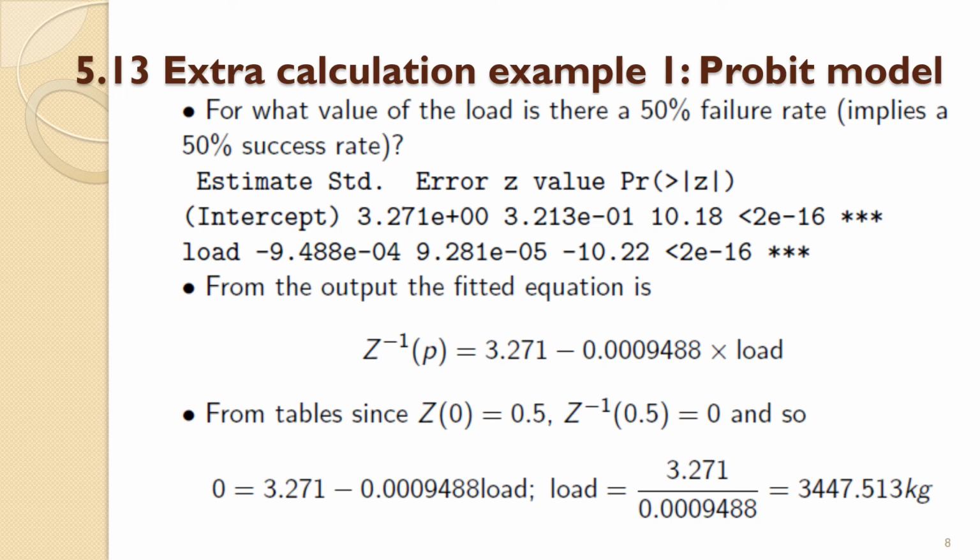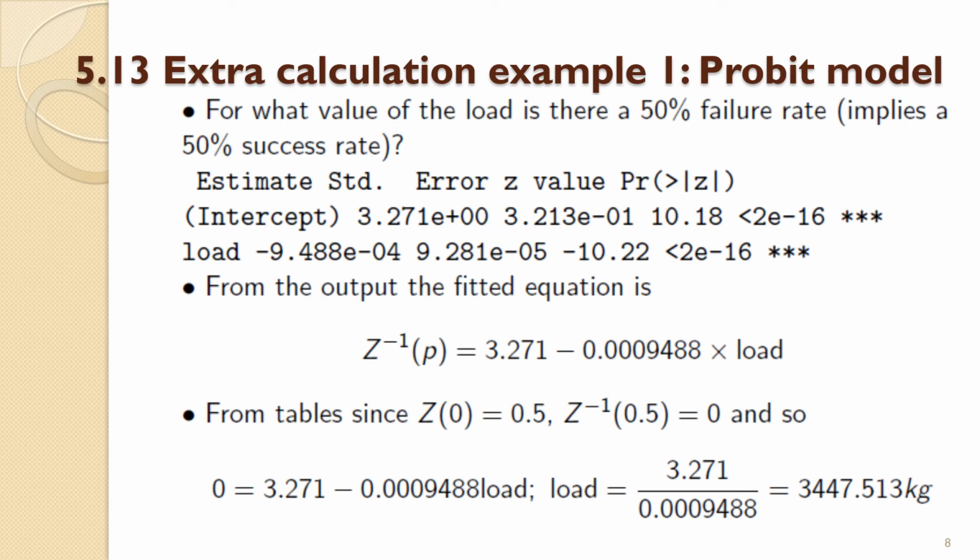Works very similarly to the previous logit example. So 0 equals the regression equation, just rearrange to find the value of the load, and you get a similar answer to the logit model. Okay, 3447.513. So again, a very similar answer to the logit model.